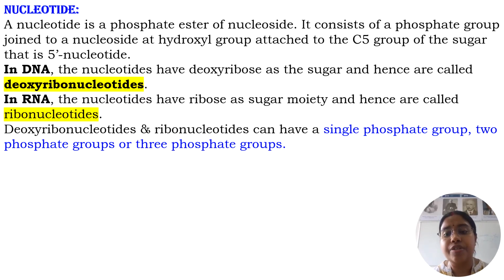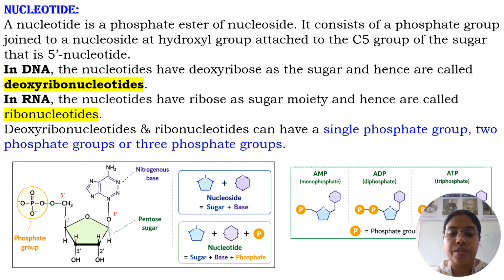Deoxyribonucleotides and ribonucleotides can have a single phosphate, 2 phosphate or 3 phosphate groups. Without the phosphate group, if only the nitrogenous base and pentose sugar are present, then it is known as the nucleoside. If this nucleoside is attached with a phosphate group, then it is known as the nucleotide.